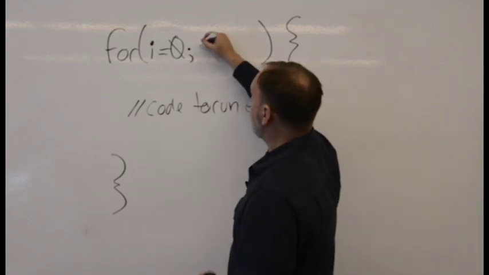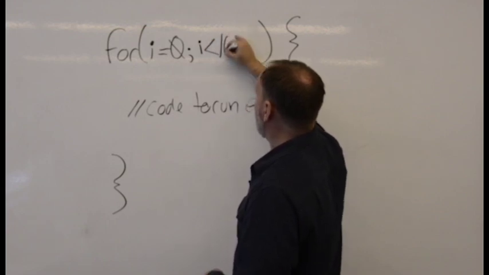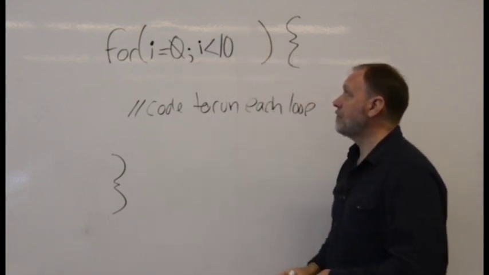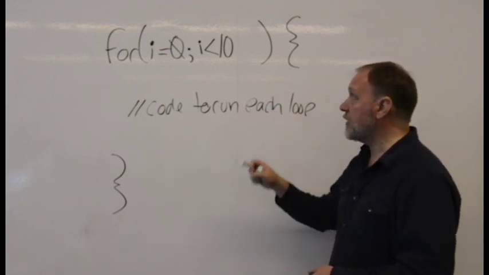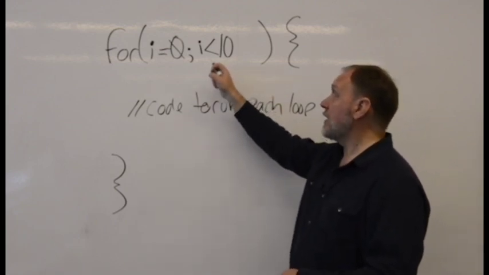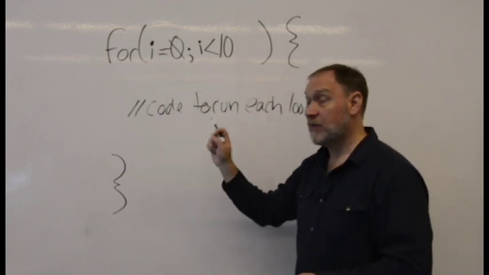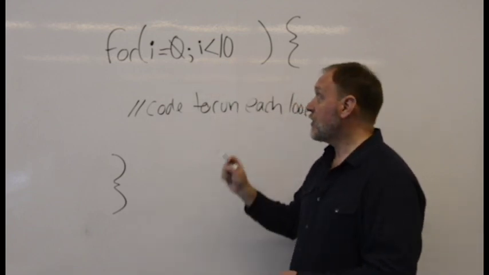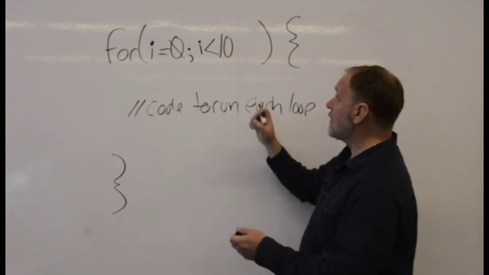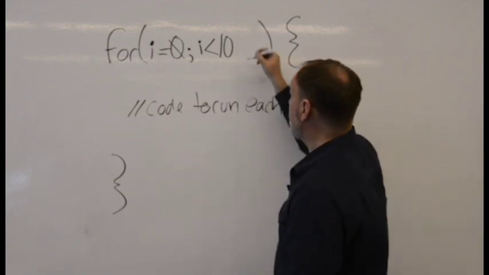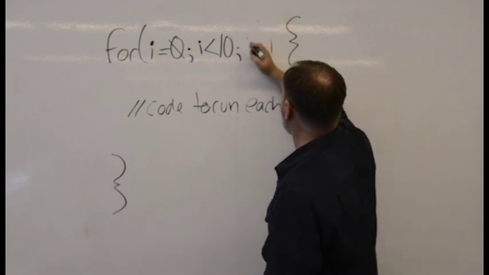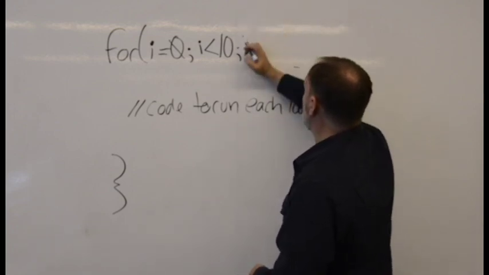The second part is our running condition. i is less than 10. So after each loop runs, if i is still less than 10, do another loop. As it is right now, this loop would run forever if we didn't tell it when to stop. So that's what the third part of the statement is.